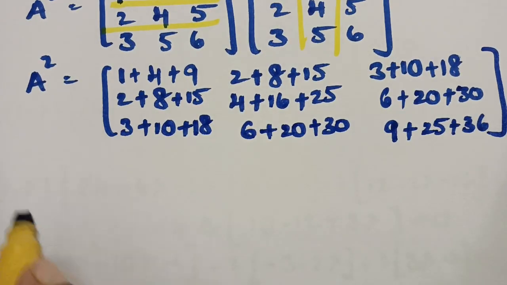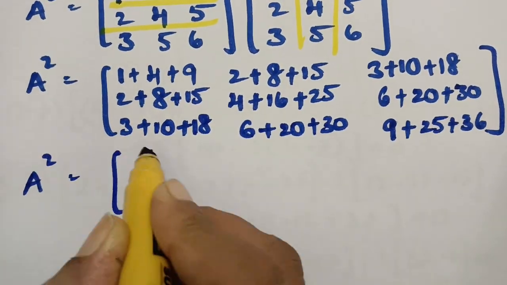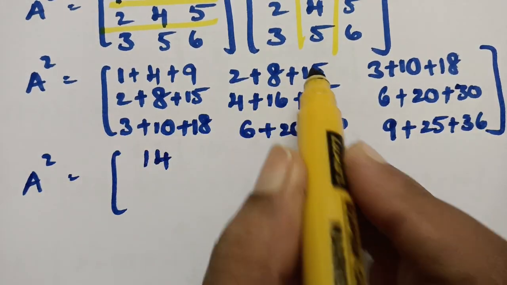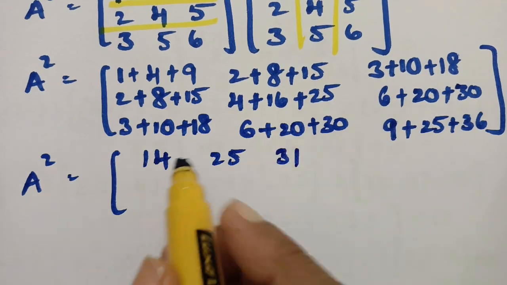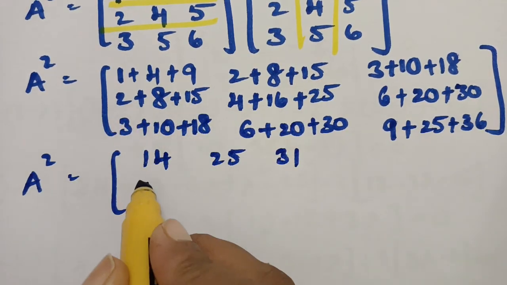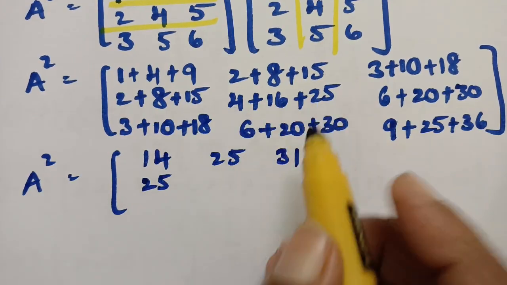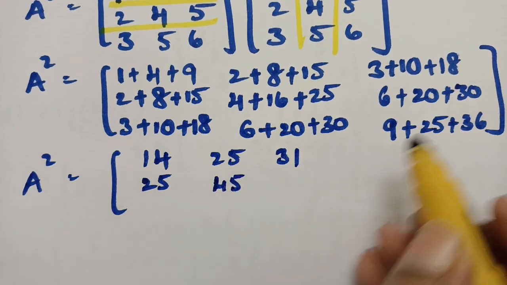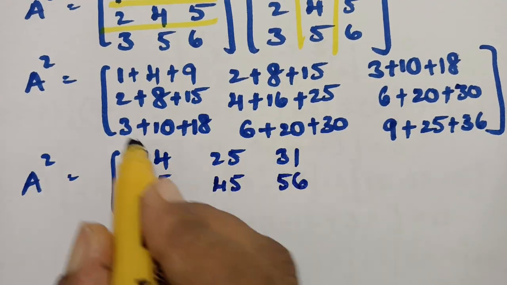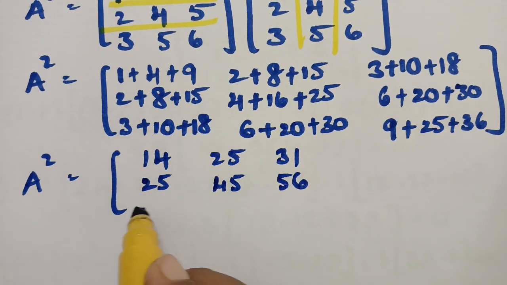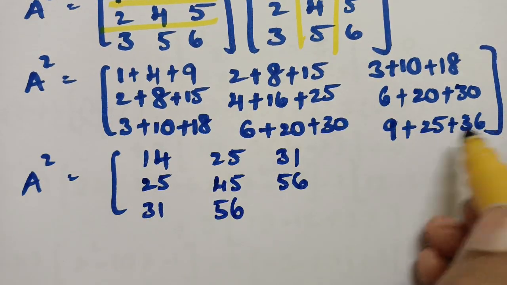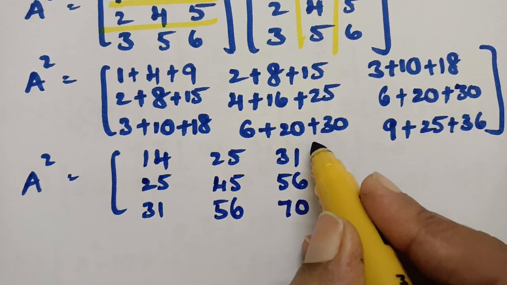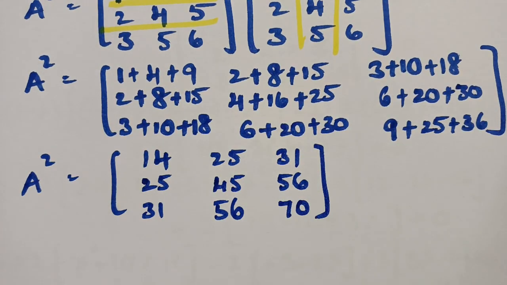So the A square value is 14, 10, 15, and 25. This value is 31, and 10 plus 15 is 25. So 20 plus 25 is 45. This value is 56, 31, and 50 plus 6 is 56, and this is going to become 70. Yeah?